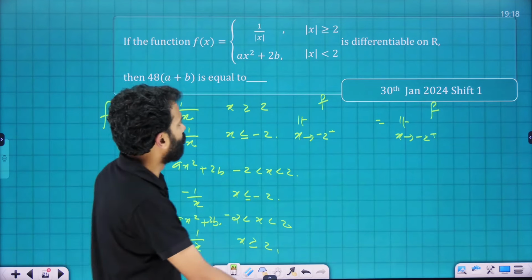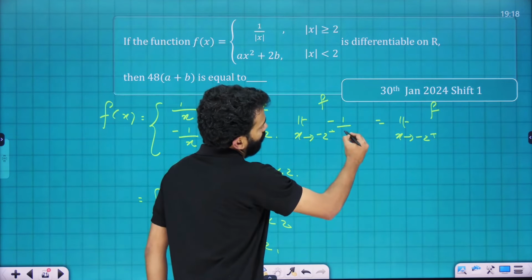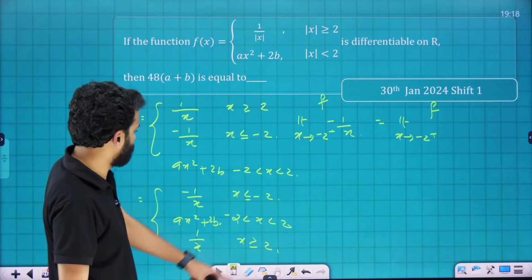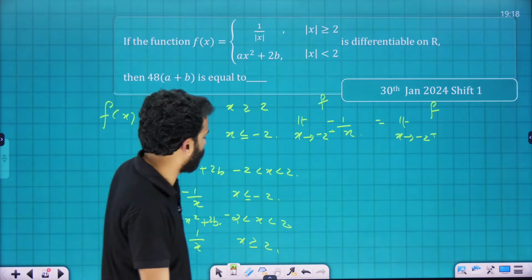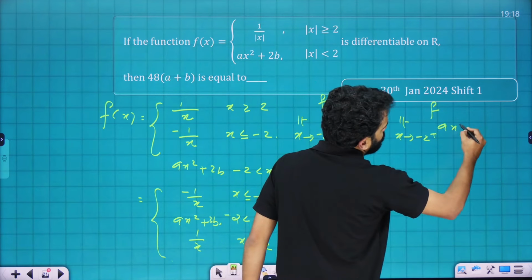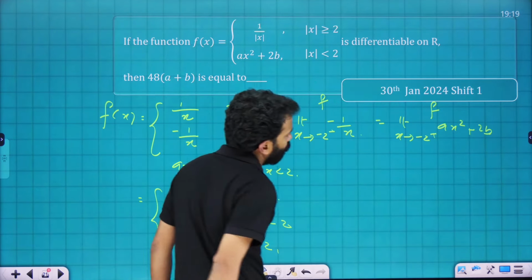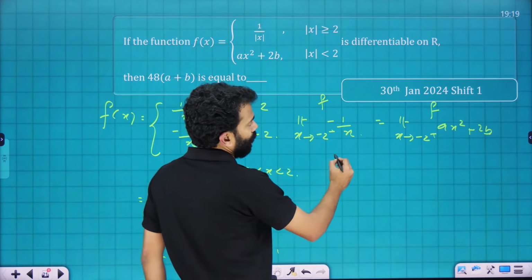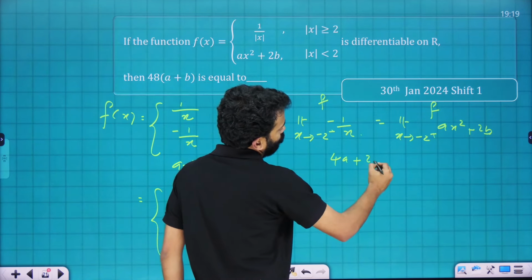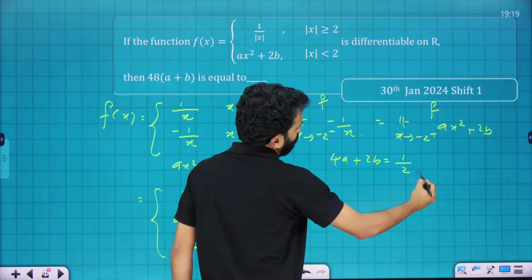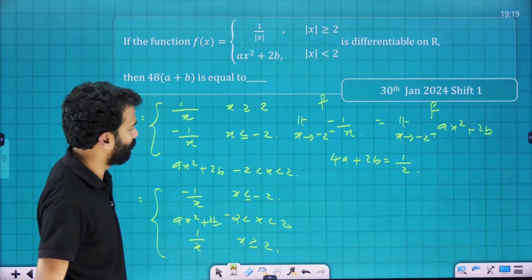Minus 2 minus will be minus 1 by x, and minus 2 plus will be ax square plus 2b, right? Therefore, after applying it, you will get 4a plus 2b is equal to 1 by 2.